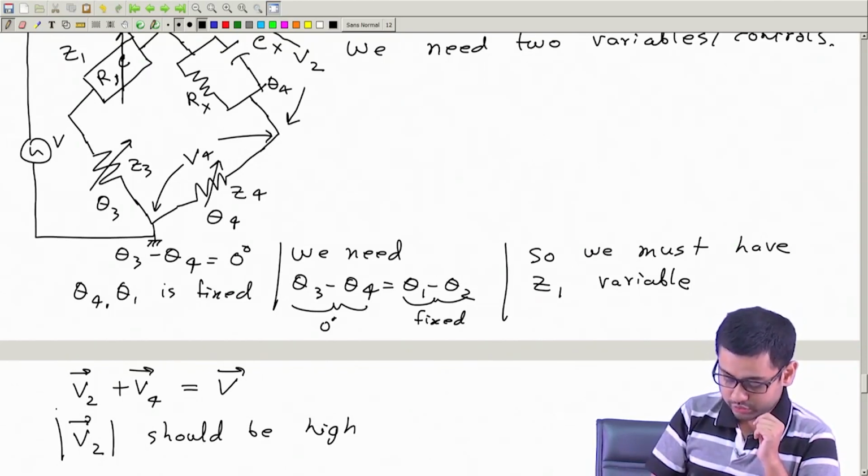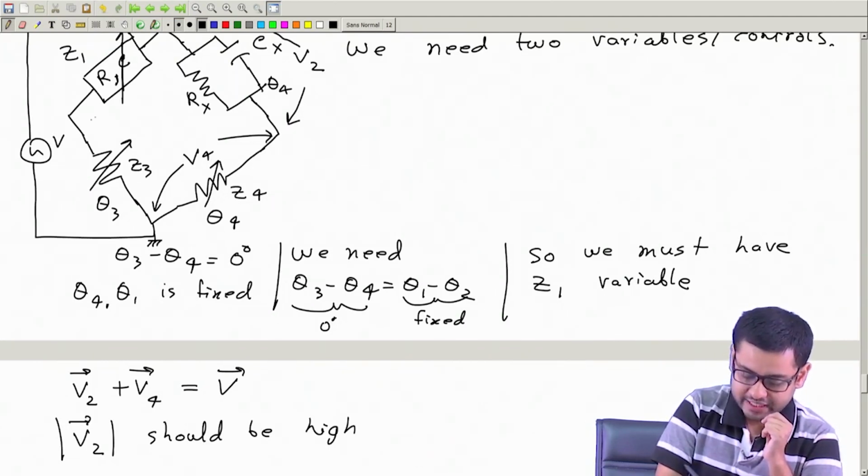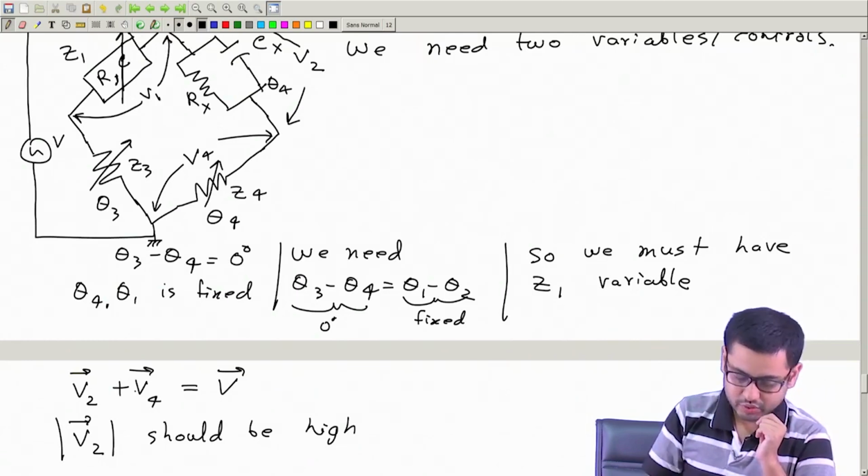Now, at balance, the voltage across this branch, call it V1.